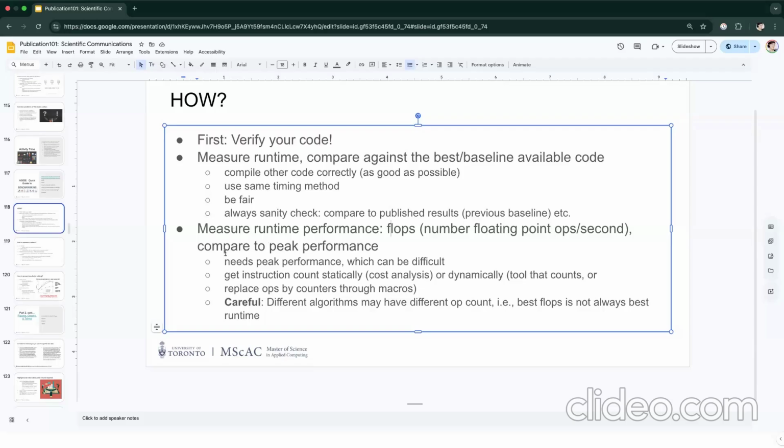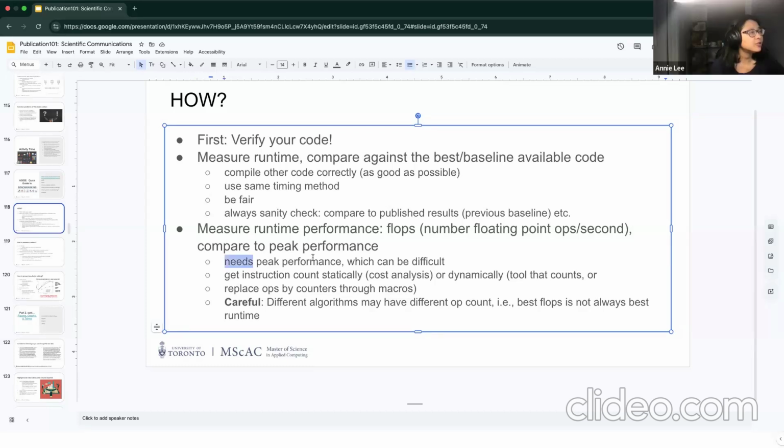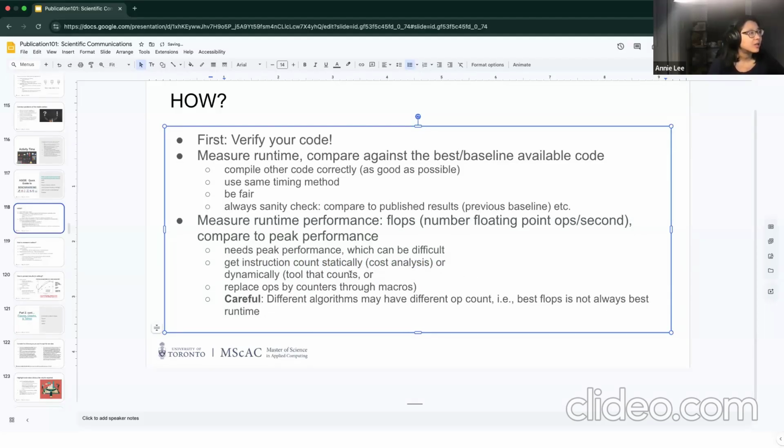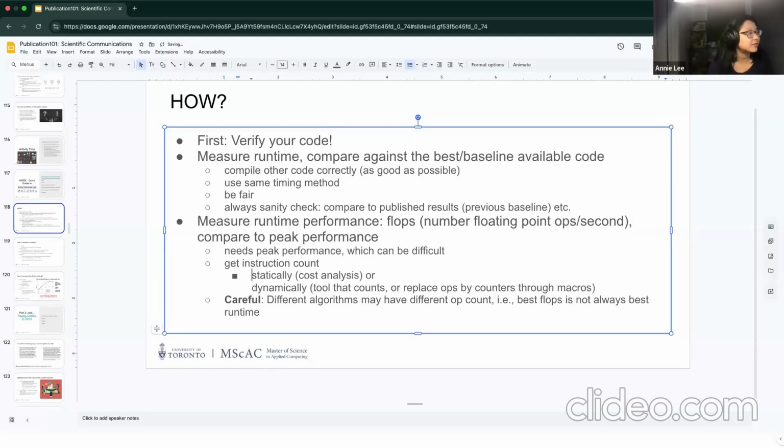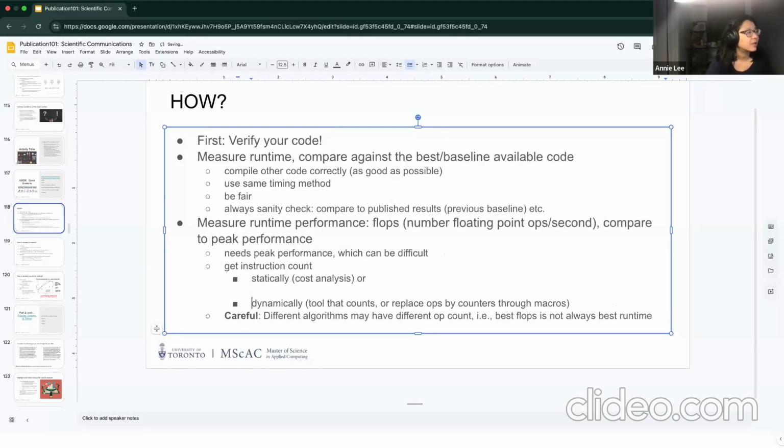So figuring out the peak performance can be difficult. You want to count statically, like using cost analysis, or dynamically, which is tools that count or replace ops by counters through macros. So there are different ways of counting how things work.